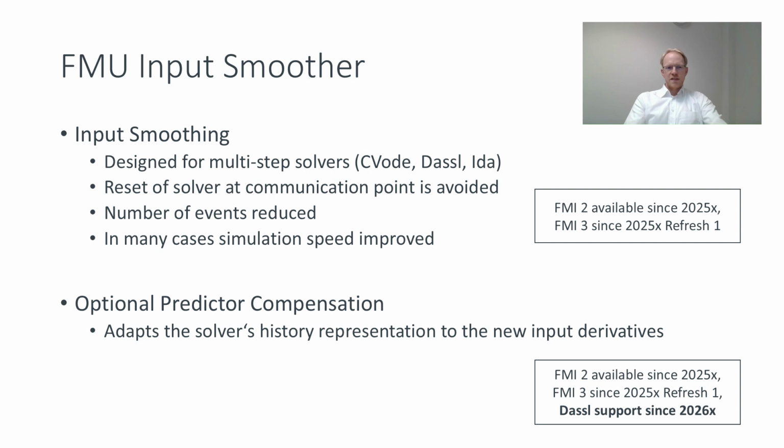The great benefit is that the reset of the solver at the communication point is avoided, and the number of events is reduced, and in many cases, the simulation speed improves. Optionally, there's also a predictor compensation implemented, which adapts the solver's history representation to the new input derivatives.